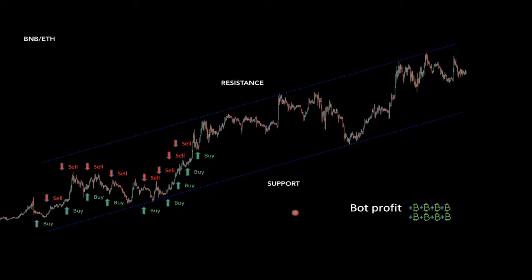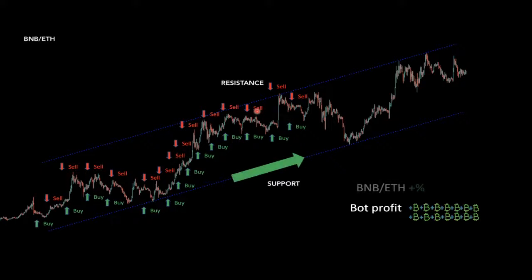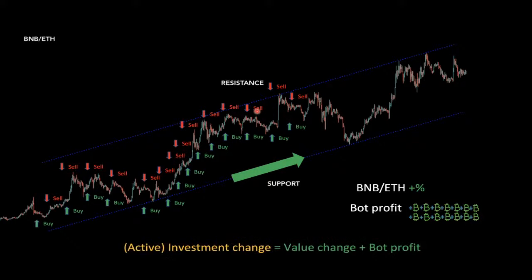So not only do we extract profits generated by the bot, but we are also affected by the positive value change of BNB as its value is appreciating. So that's what I call an active investment change, because it is the value change, appreciation of BNB, and the bot profit generated. So that's what you are looking for. You are looking for a rising market to enter.